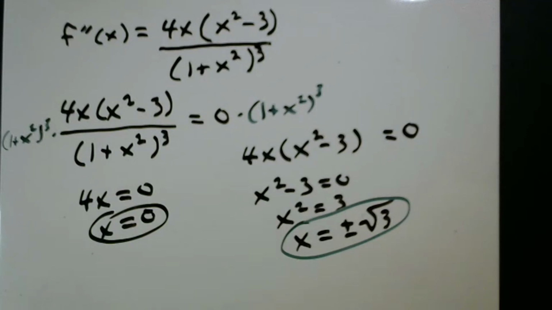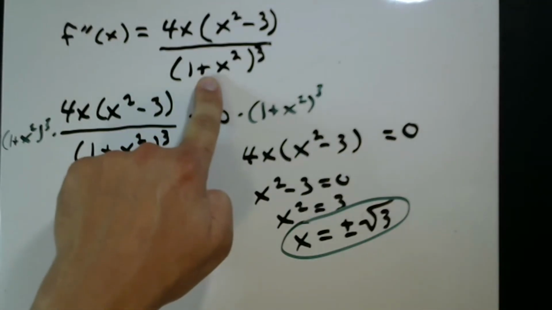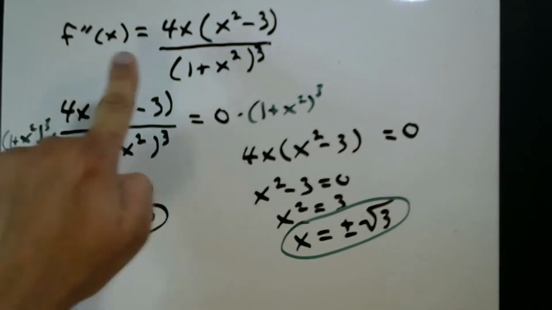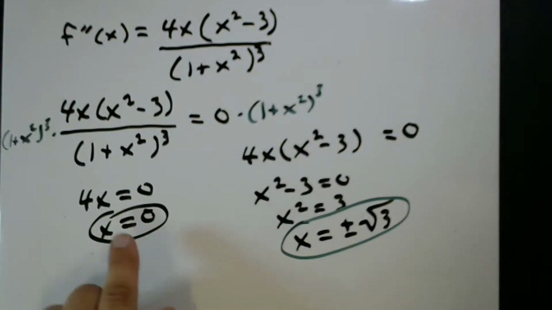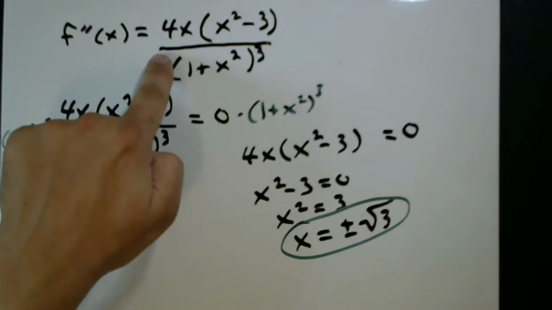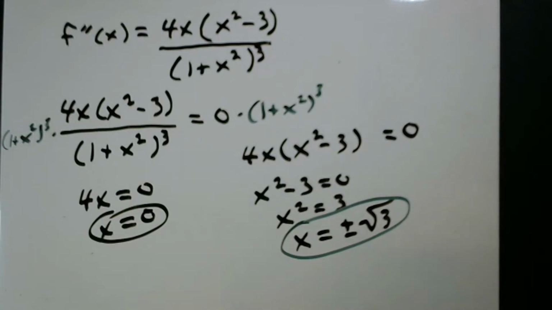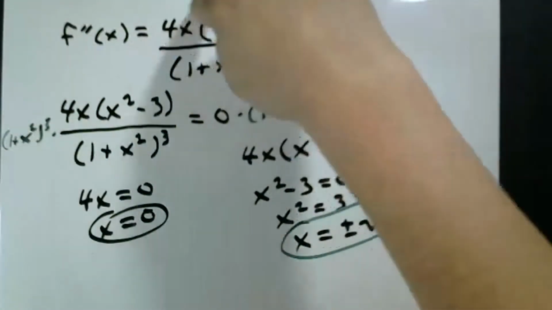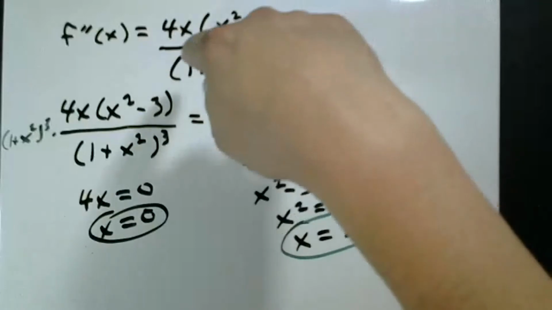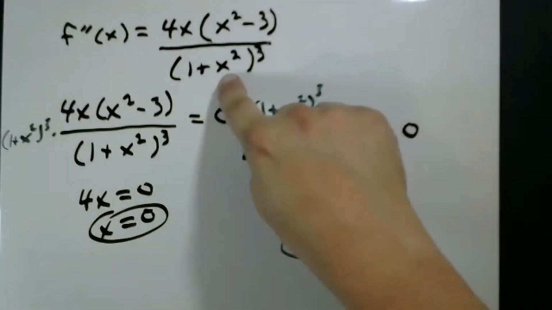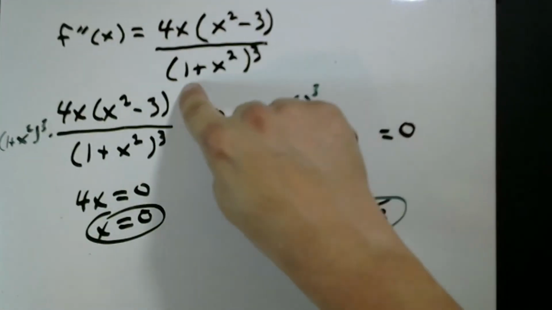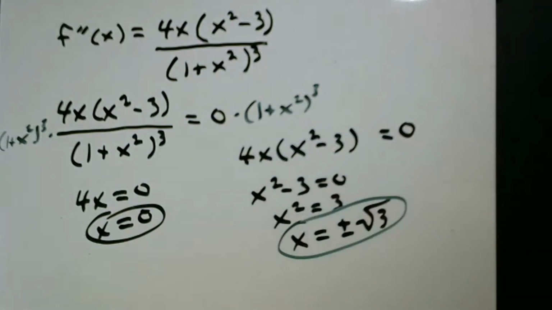Now, another possibility for the location of an inflection point is when f double prime of x is undefined. It's not only where f double prime of x is 0, it's also when it's undefined. If we look at this, there are no square roots, no tangents, no secants, no natural logs. And this 1 plus x squared will never become 0.